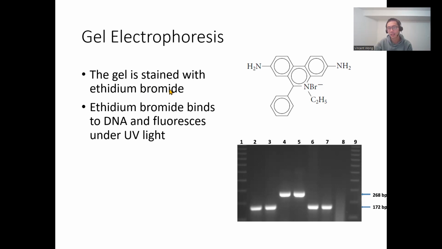This is an orangey color liquid that you mix in the buffer, and then you put your gel in there and soak it for like 20 minutes or something. It's going to bind to the DNA and cause it to glow, to fluoresce when you shine a UV light at it.